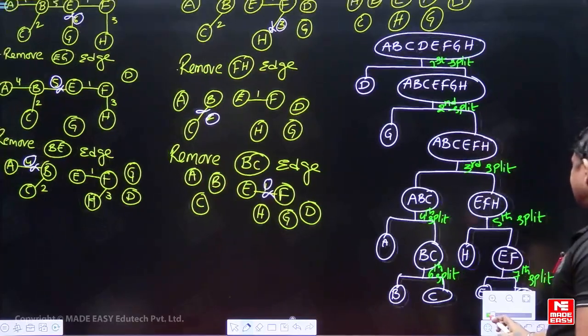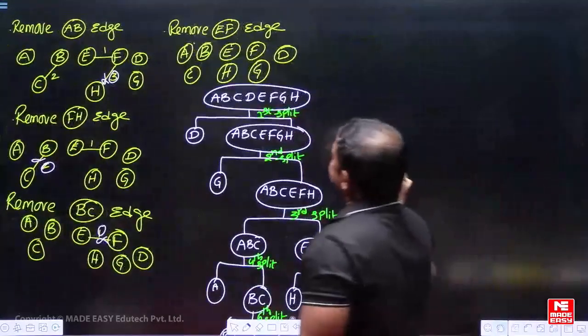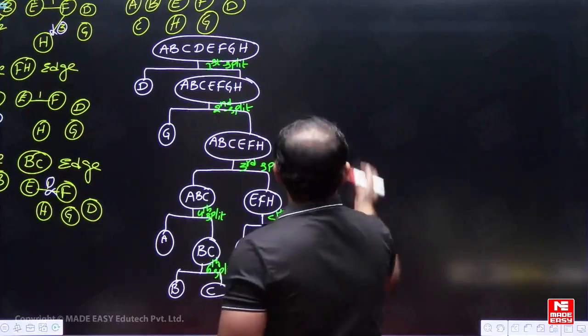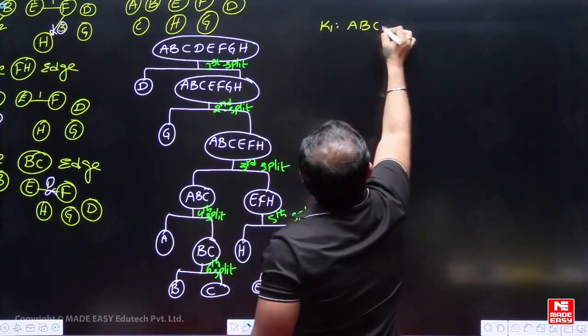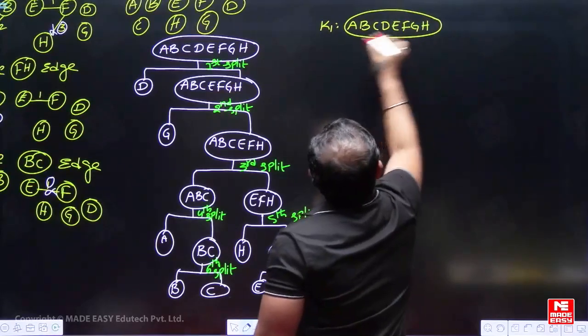So what are the clusters present? Clusters presence is like this. K1: A, B, C, D, E, F, G, H. This is 1.